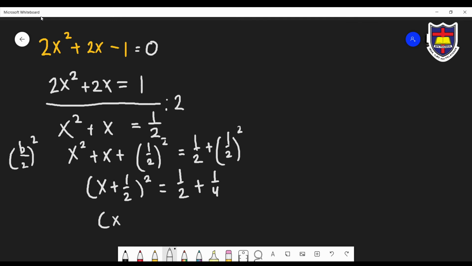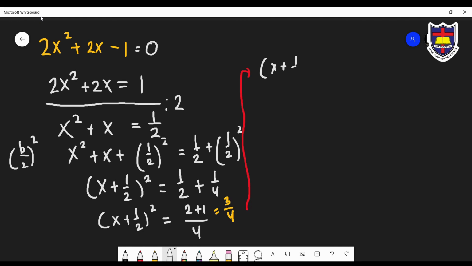So we have (x plus 1/2) squared equals, this one is 2 plus 1, so this equals 3 over 4. So we can write it here: (x plus 1/2) squared equals 3 over 4.